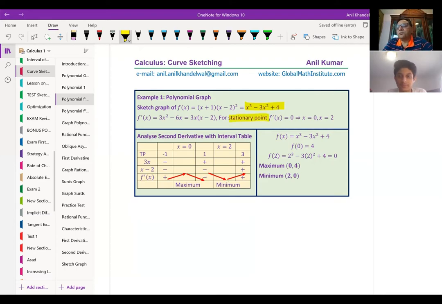So what are stationary points? Sir, the stationary points are the points where the tangent will be horizontal, right? Horizontal, correct. So we have learned about two types of points. Let me check with you. One is the critical point, or critical number, we say. And when we are talking about a stationary point, what is the difference between the two?